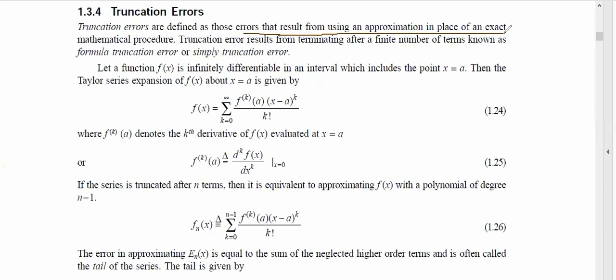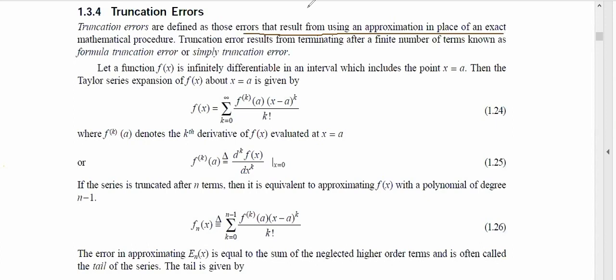What are we going to approximate? Approximation means if we consider 3 terms, then that is the approximation. And what is the exact mathematical procedure? Exact means n number of terms. If we consider n number of terms in the exact mathematical procedure, then and only then would this be the complete, true and exact mathematical procedure.